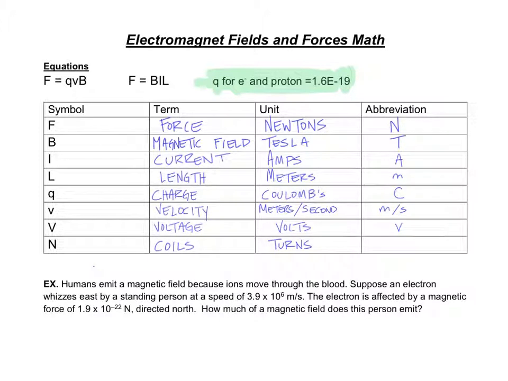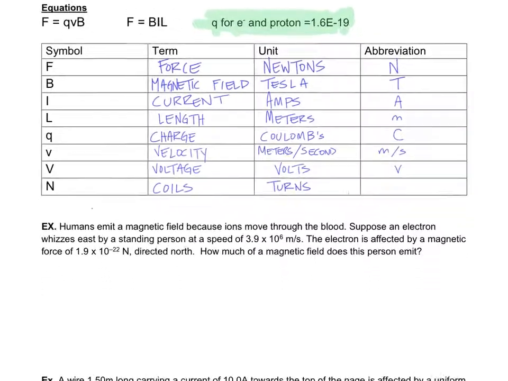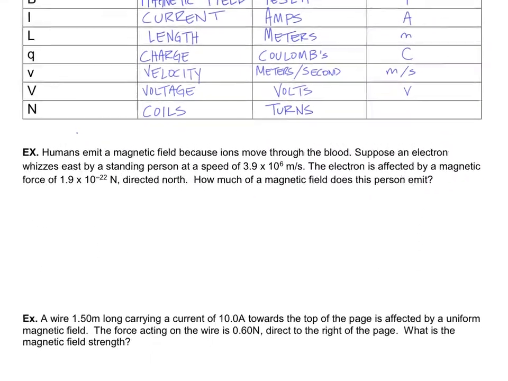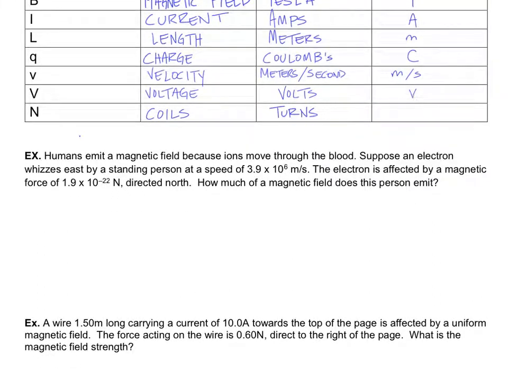Back to the left side, let's look at our first example. My first example says that humans emit a magnetic field because ions move through the blood.